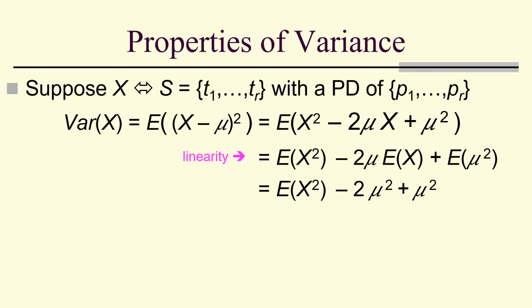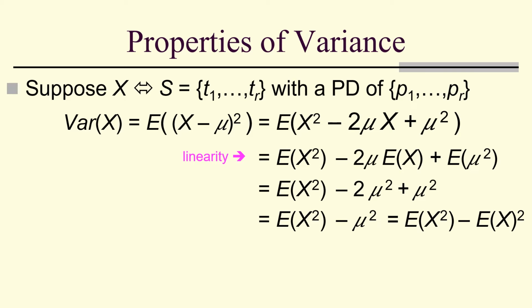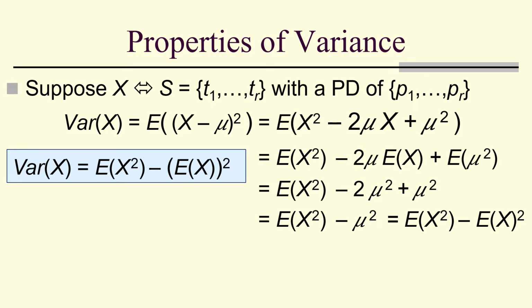And that gives me expected value of x squared minus 2 mu squared plus mu squared. That's the expected value of x squared minus mu squared, and that gives us expected value of x squared minus the expected value of x quantity squared, and that's our first property. The variance of x is the expected value of x squared minus the quantity, expected value of x, quantity squared.